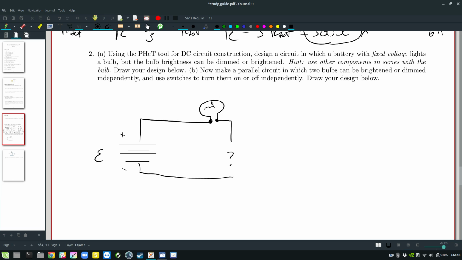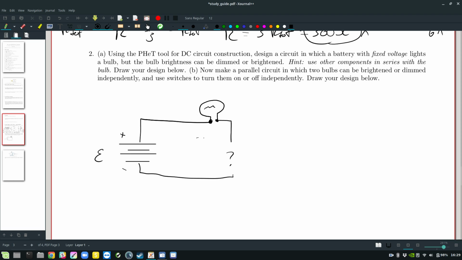So here's the light bulb, but the light bulb has to have some resistance. If you give it more current, or more voltage, then it will be brighter.